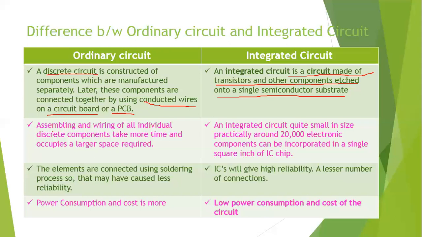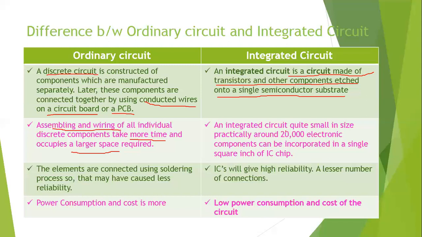The next one is that assembling and wiring of all individual discrete components take more time and occupy larger space. As we are assembling and wiring individual components separately on a board, the time taken will be more and the space occupied will also be more, which shows that the circuit will be large in size.